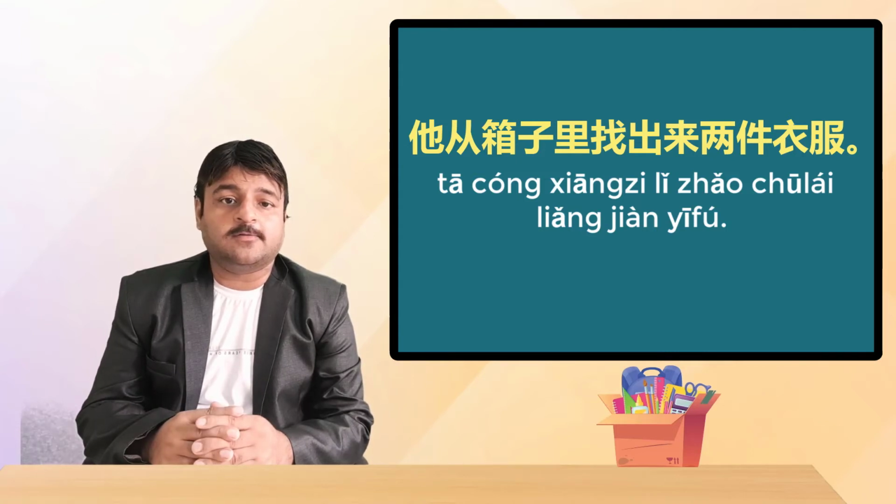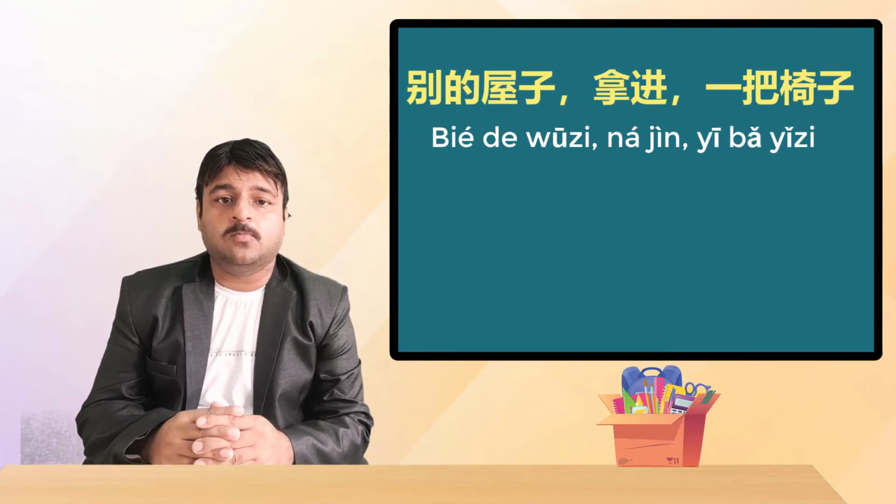Moving on to the words in the box to make replacement in this sentence and make new sentences. 别的屋子, the other room. 拿进, carried inside. 一把椅子, a chair. He, from the other room, carried inside a chair. So he went to the other room, carried a chair and brought it back to this room.